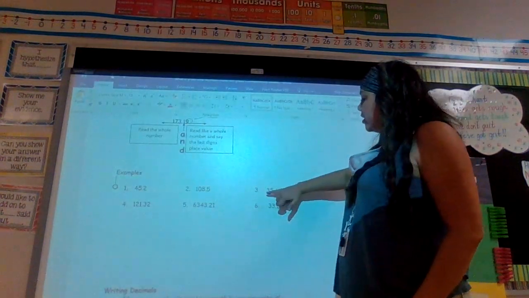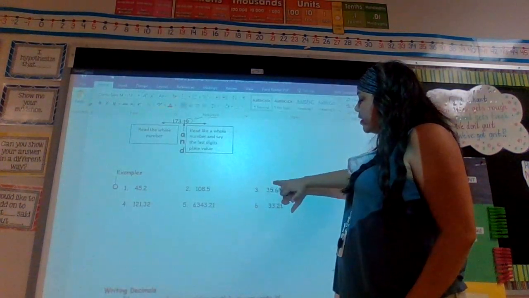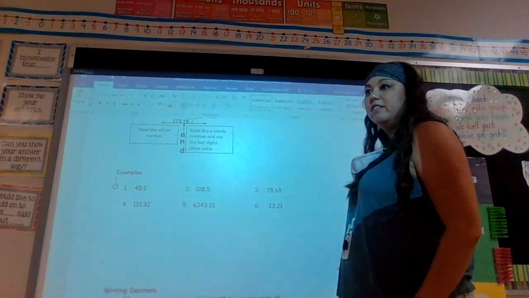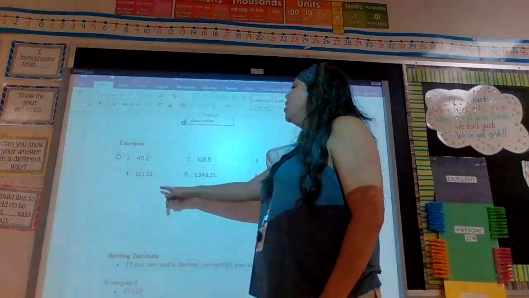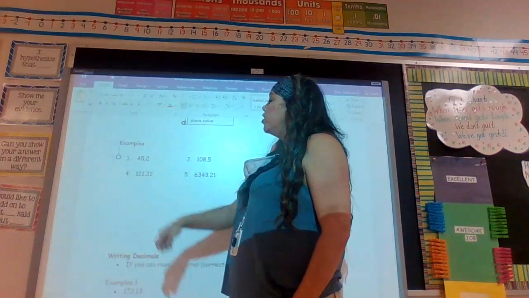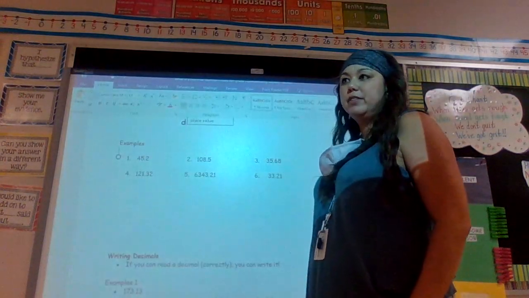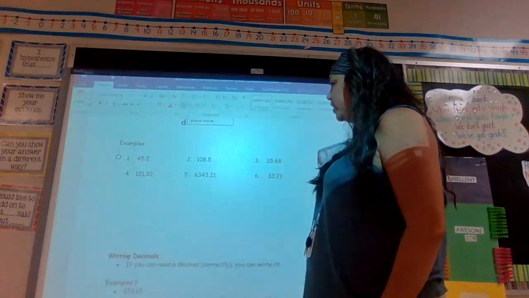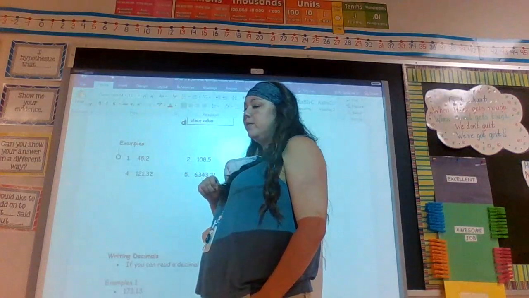Now I just look at what's in front of the decimal. It's 35, but not quite 36. Ooh, 121 and 32 hundredths. Make sure you're putting that TH on the end. It's between 121 and 122.